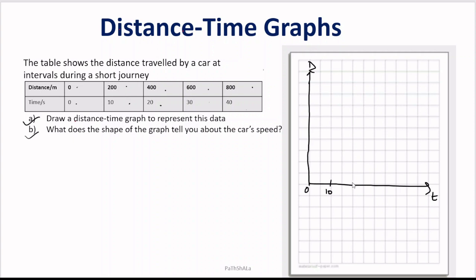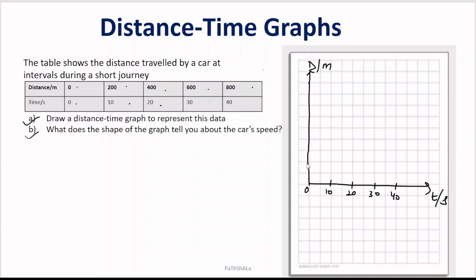I'm leaving one block in between so that the graph is pretty clear. And a very important tip: please do not forget to mention the unit along with the quantity. So distance in meters and time in seconds. You can simply copy it from your table.